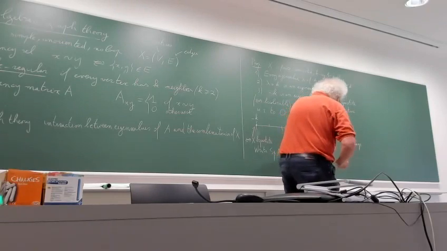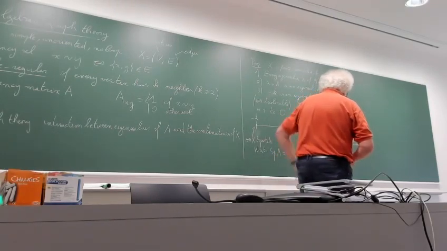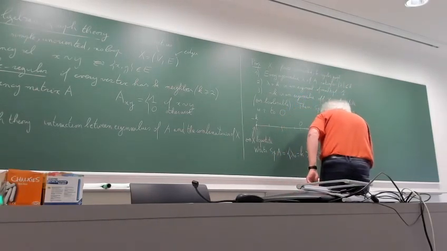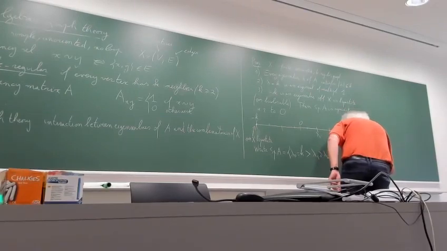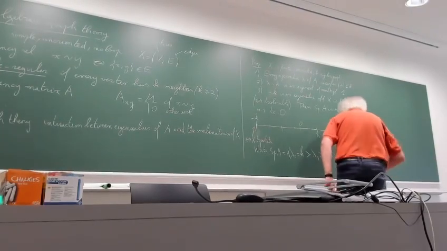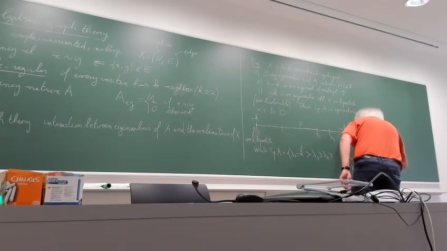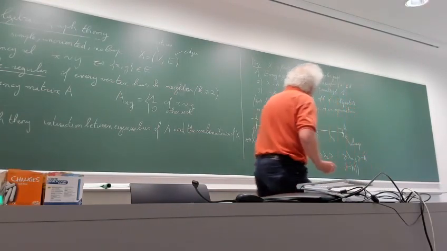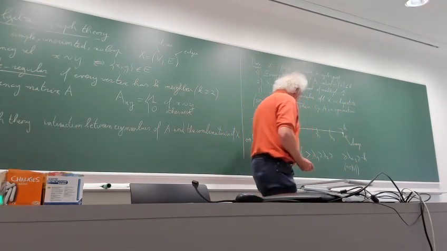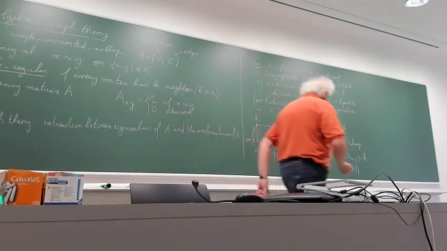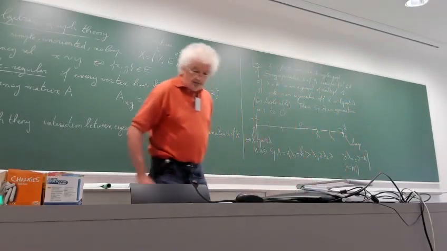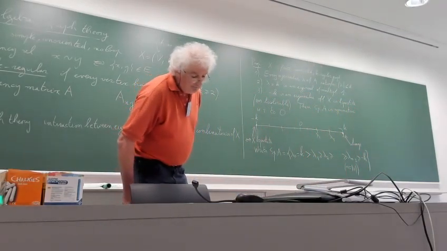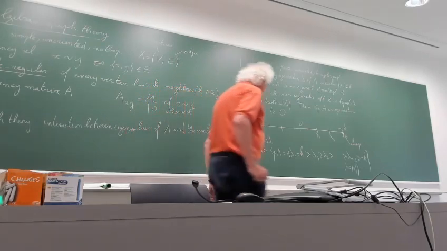Well, lambda 2 might be equal to lambda 1 because there might be multiplicity. And then we go down all the way to lambda n minus 1, where n is the number of vertices, and this is greater or equal to minus k. So that's the spectrum of A.